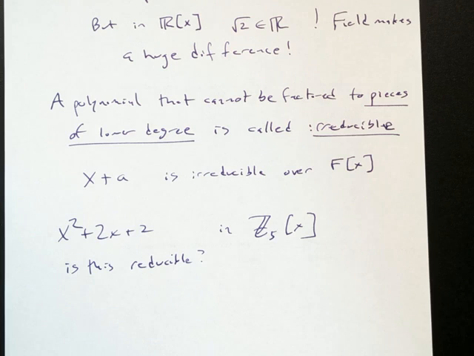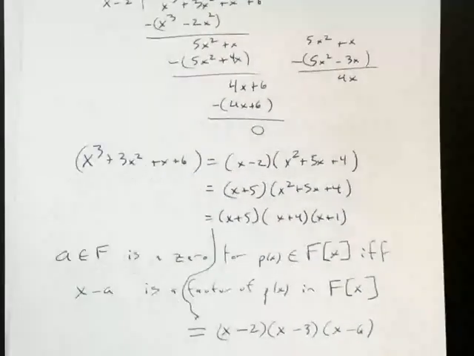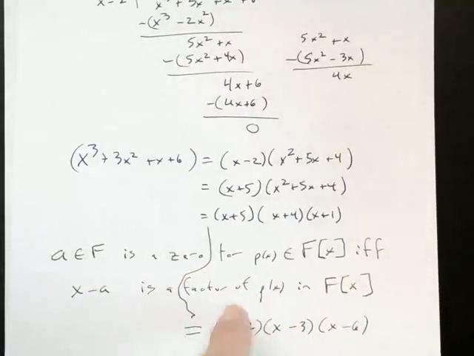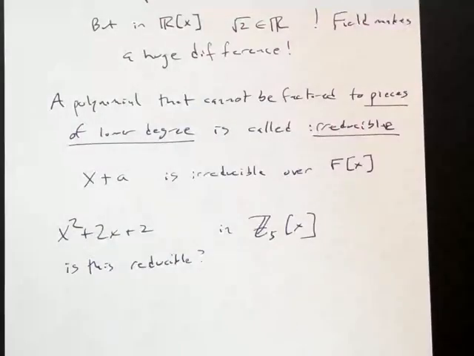But you already did this in the homework I gave back. To find out if something's reducible, by the factor theorem, you need to find out if it's got a root. If this number is 0, if and only if this is a factor. If this has factors, it's got to have roots.